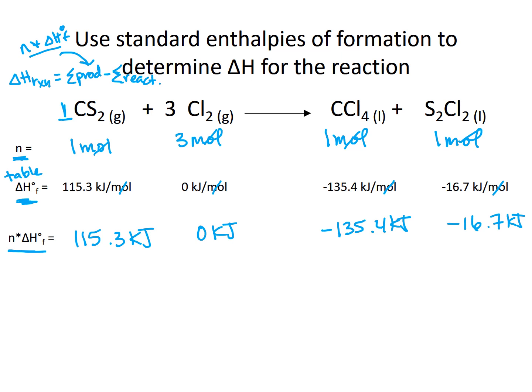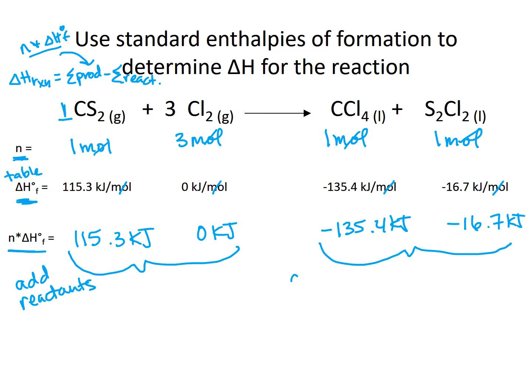And remember, I have to look at all the reactants together and all the products. So what I'm going to do here is add all of the reactants together. And over here, I'm going to add my products together.